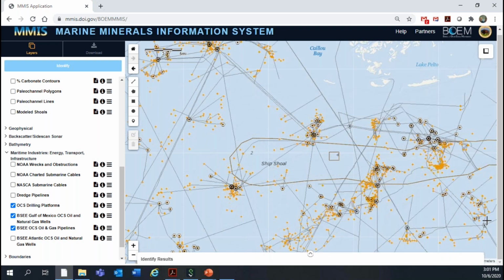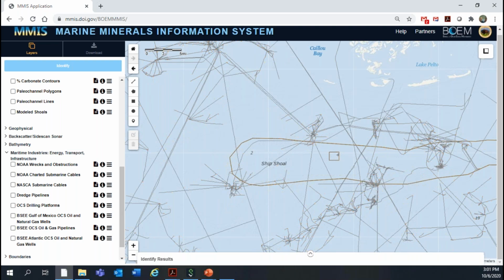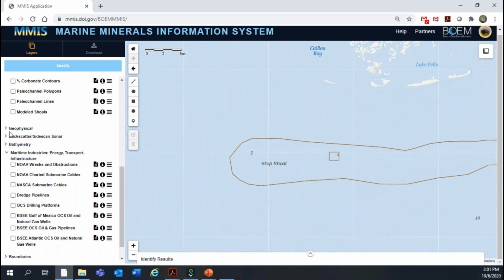And then you add in the pipelines. This is where our multiple use conflicts come in, that we have to make sure that we work with the oil and gas companies as well as the states to try to come up with ways to ensure that there's not going to be an obstruction. We've been very successful with it up to this point, but it's definitely something that we constantly have to work with. It's never an easy situation.